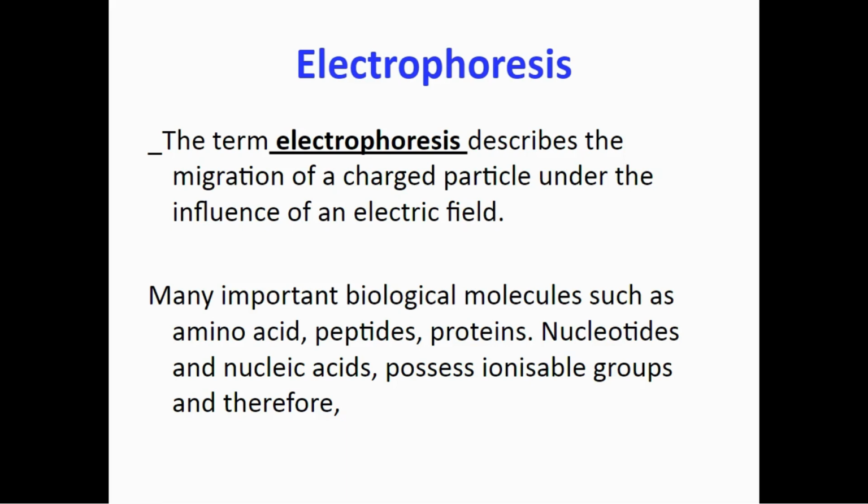As an analytical tool, electrophoresis is simple, rapid, and highly sensitive. It can also be used analytically to study the properties of single charged particles or mixtures of molecules. It can also be used preparatively as a separating technique. We will discuss the separating technique in the slides later on.